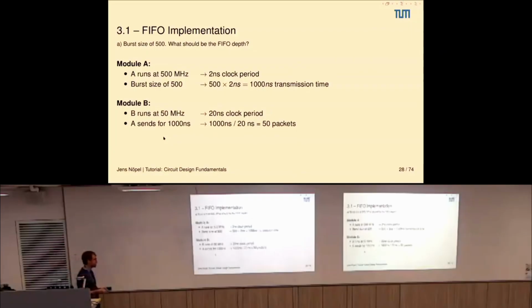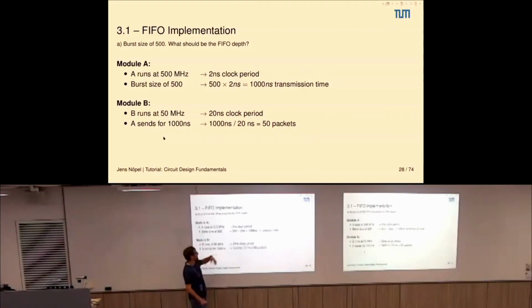Then the next step is to calculate: module A needs so many nanoseconds to send the data. In the same time, module B can already start receiving the data, and how many packets can module B receive in that time? So we more or less do just the same.